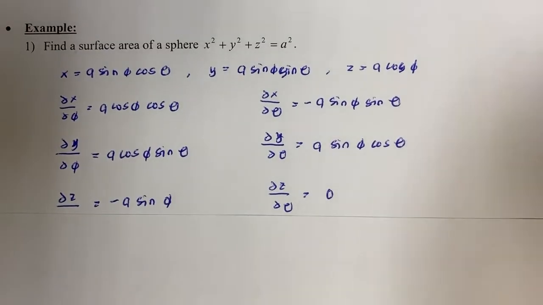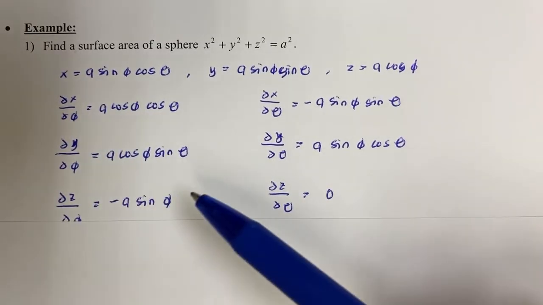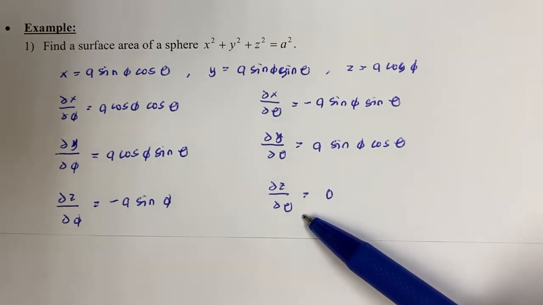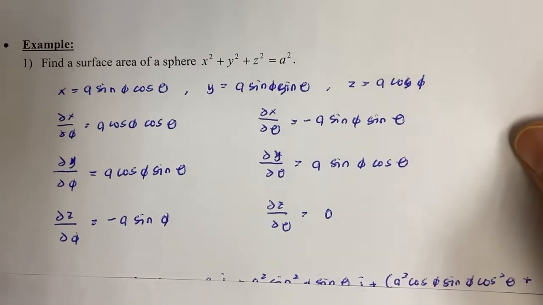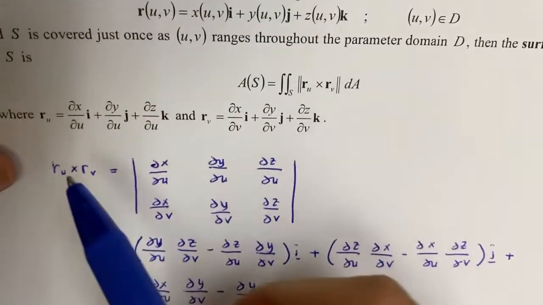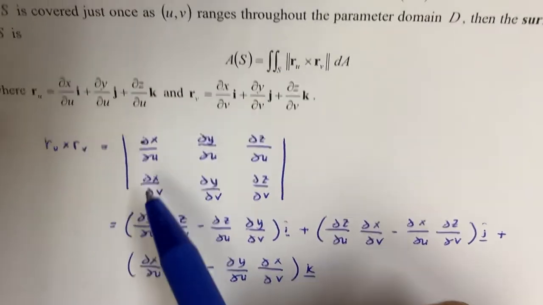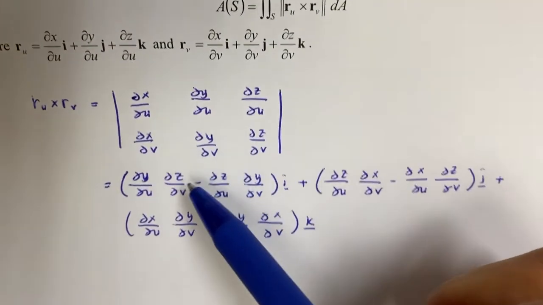Okay, so this is del x over del psi, del y over del psi, del z over del psi, and del x over del theta, del y over del theta, and del z over del theta. After that, you need to find r psi cross r theta. And for this, you need to substitute all these 9 partial derivatives into this formula.